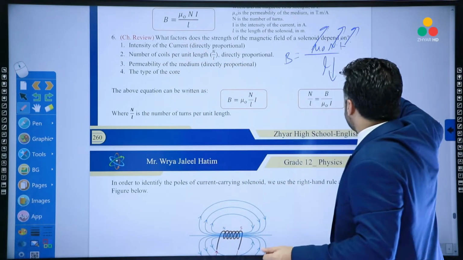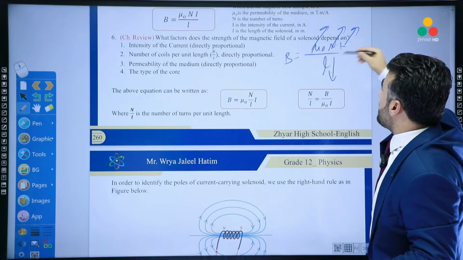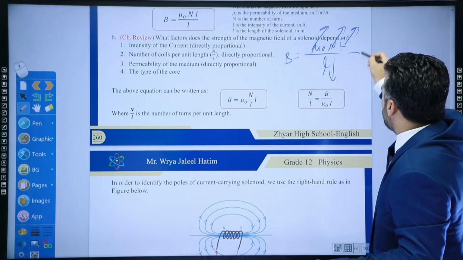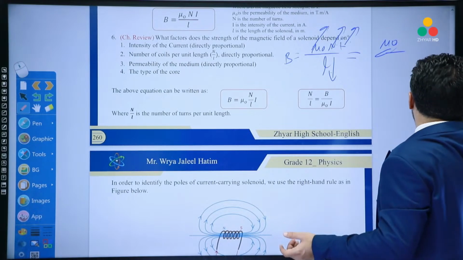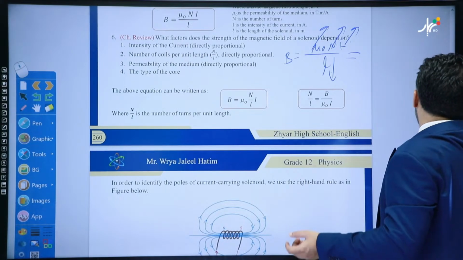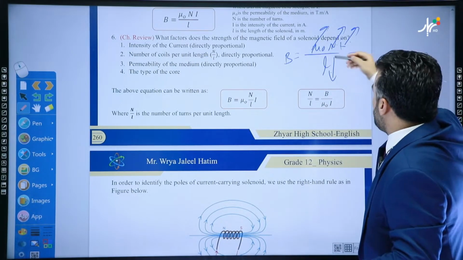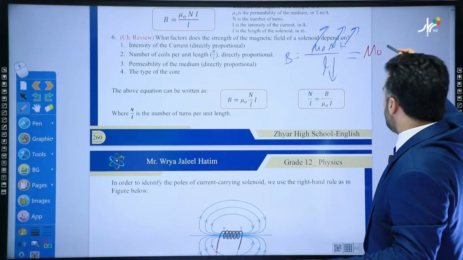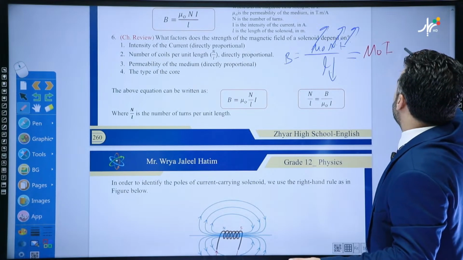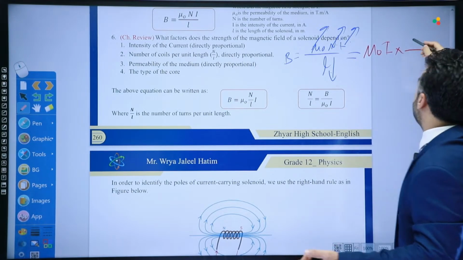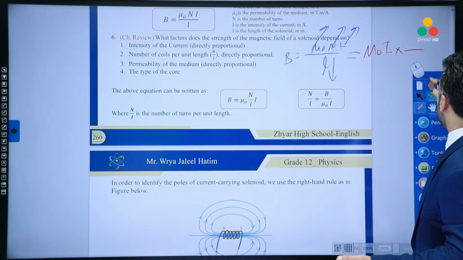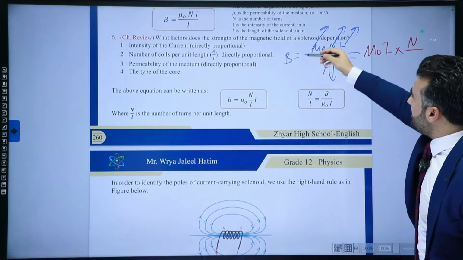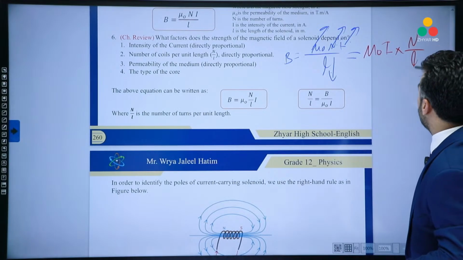Sometimes instead of saying the number of turns and length, you can combine these two and rewrite the equation like this. Mu naught, let's just combine these two together. But before that, let me ask you, would it be correct if I write it this way? Mu naught I, multiplied by N over L, yes? Would it be correct to write this equation this way?